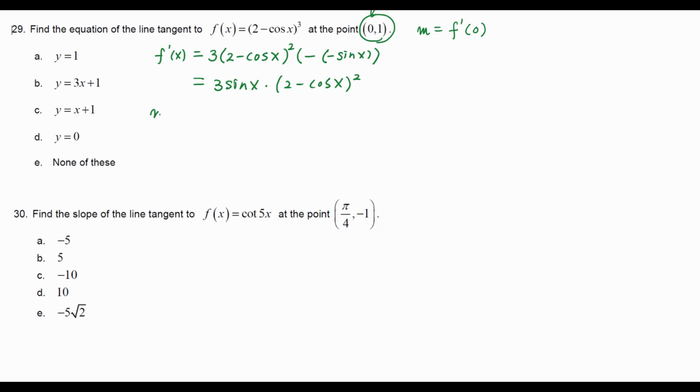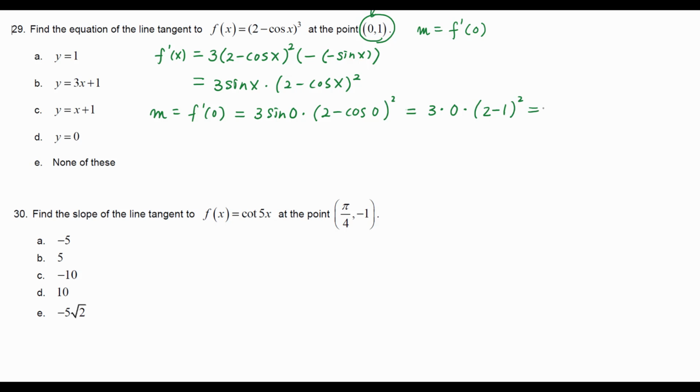So my slope is f prime of 0, since it's at (0, 1), and that will be 3 sin(0) times (2 − cos 0)², which is equal to 3 times sin(0) is 0, and cos(0) is 1. So you have (2 − 1) to the second power, but it doesn't matter, right?